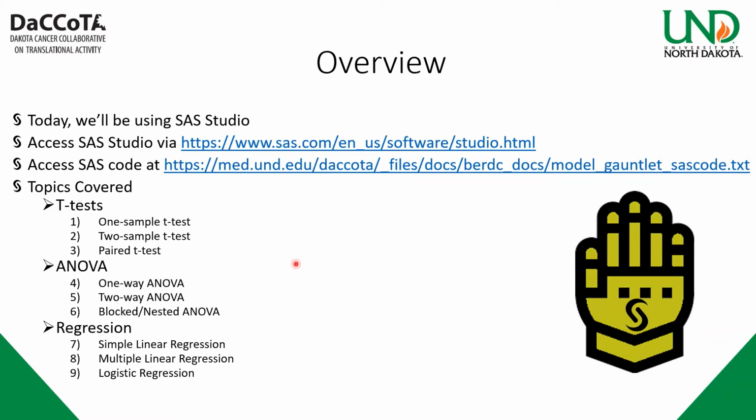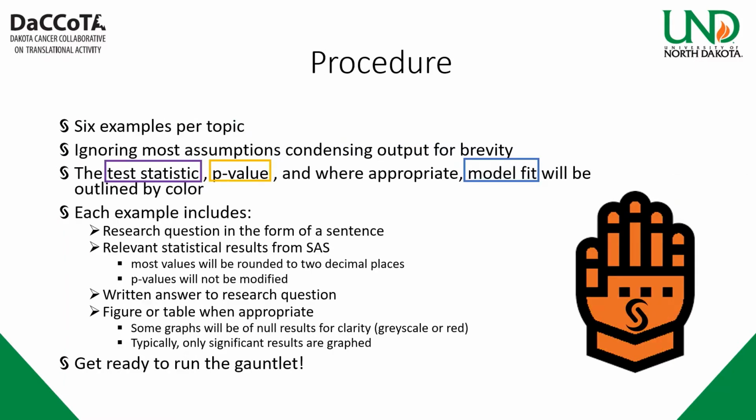The topics we'll be covering come in three broad groups: t-test, ANOVA, and regression. We're looking at three basic tests in each of them: one sample, two sample, and paired t-test; one-way, two-way, and block nested ANOVA; then simple and multiple logistic regression. For each test, there are going to be six examples per topic.